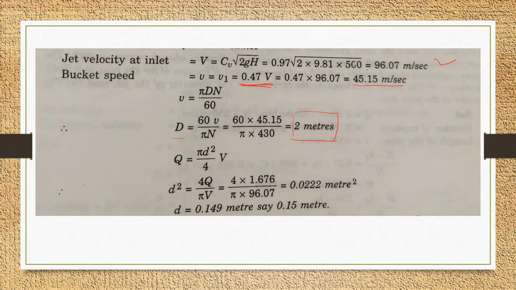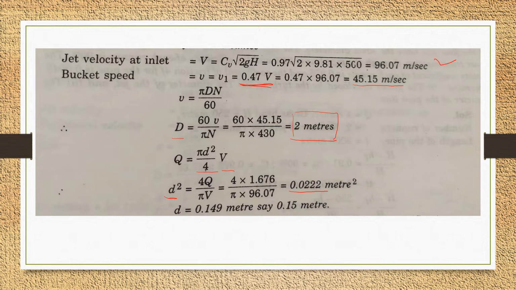And then by using capital Q as pi d square by 4 times V, as it is one jet, the complete discharge is used by one jet. So area into velocity: area is pi d square by 4, velocity is V. So we get small d square as 4Q upon pi V. Substituting all the values, we get 0.0222 meter square.